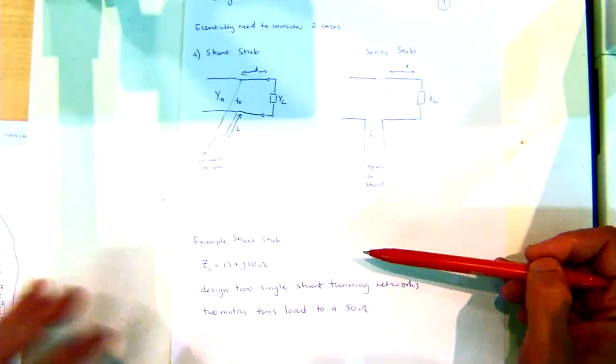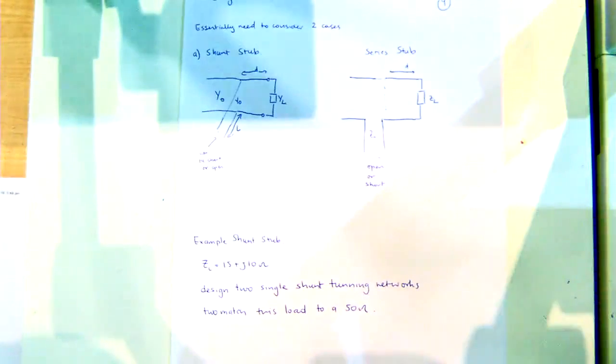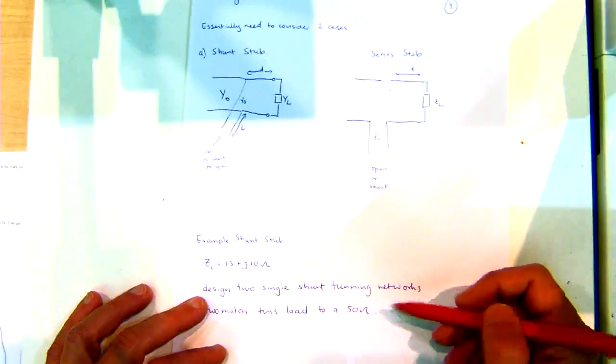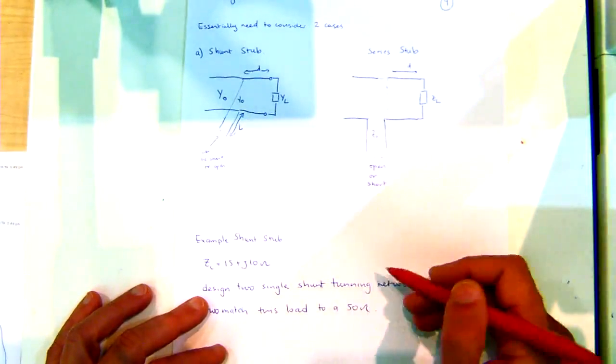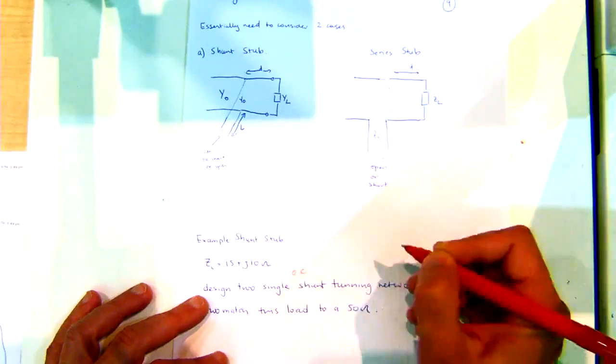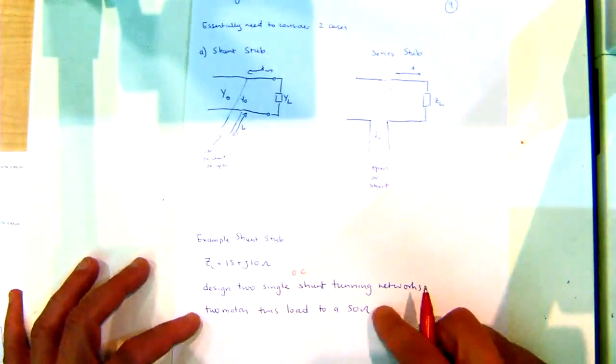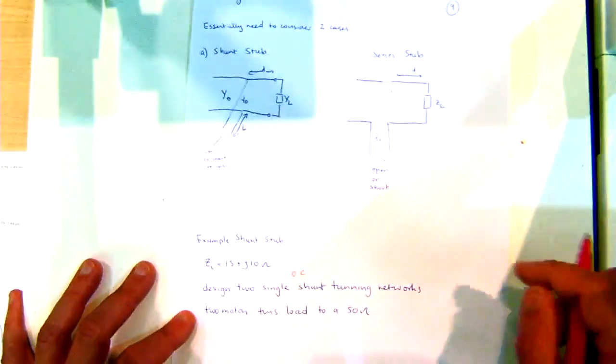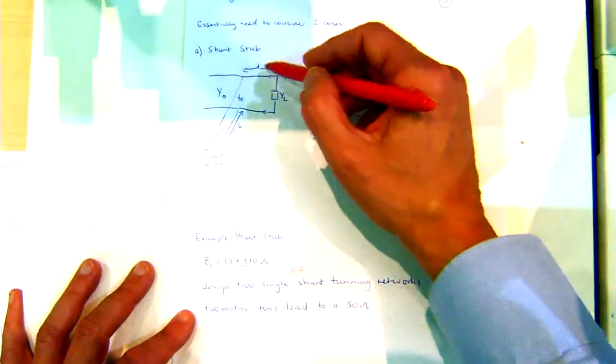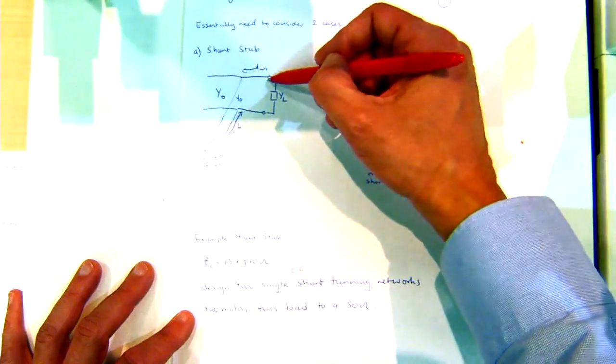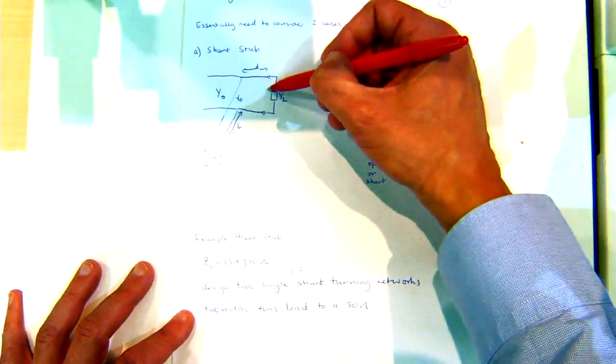What I should have also said is that the shunts themselves are open circuit rather than short circuit. So, design two single OC shunt tuning networks to match this load to 50 ohms.